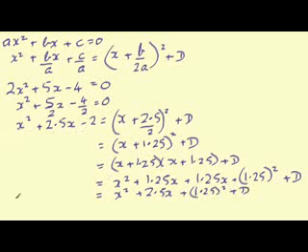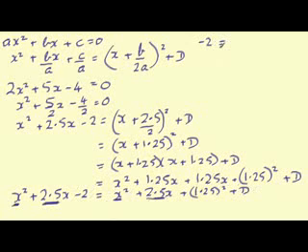Okay, now if we bring that equation down and compare it, we should be able to simplify it. We have x squared on both sides, so we can take those away. We have 2.5x on both sides, so we can take those away. So we're left with minus 2 on the left, and 1.25 squared plus d on the right.